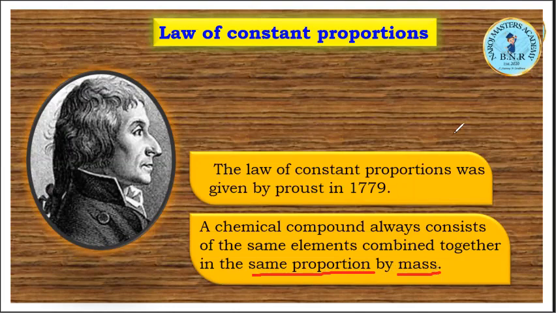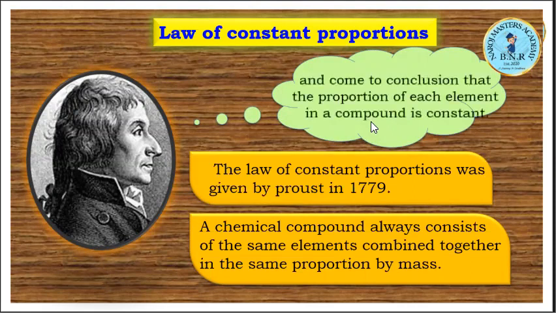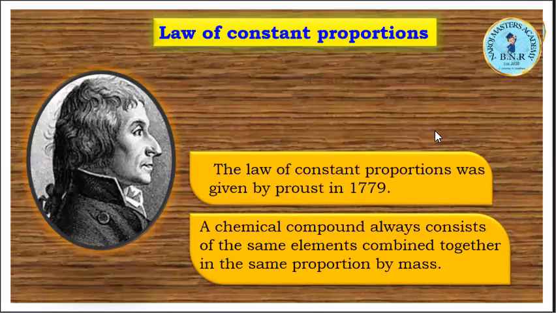Now we'll discuss this with a neat example. He analyzed the chemical compositions of a large number of compounds and came to the conclusion that the proportion of each element in a compound is constant.